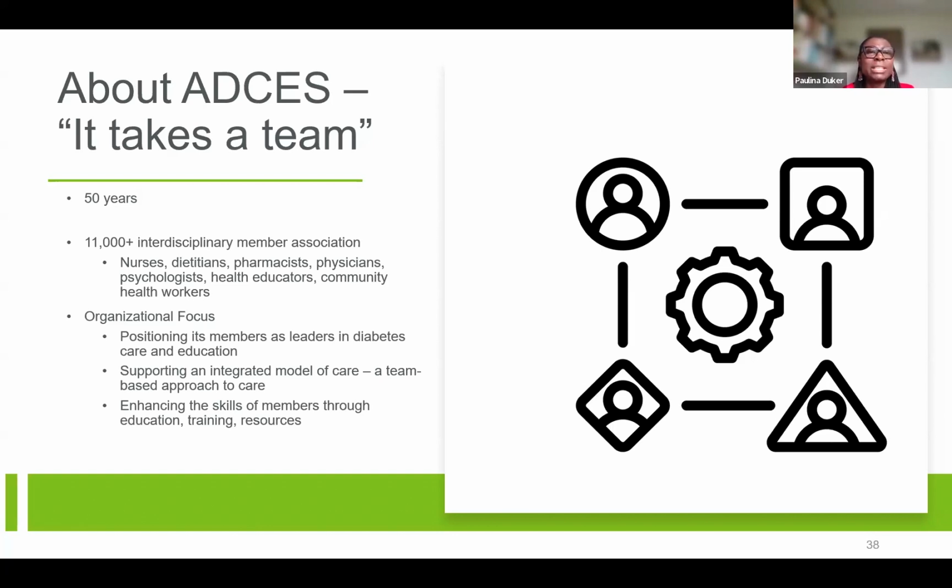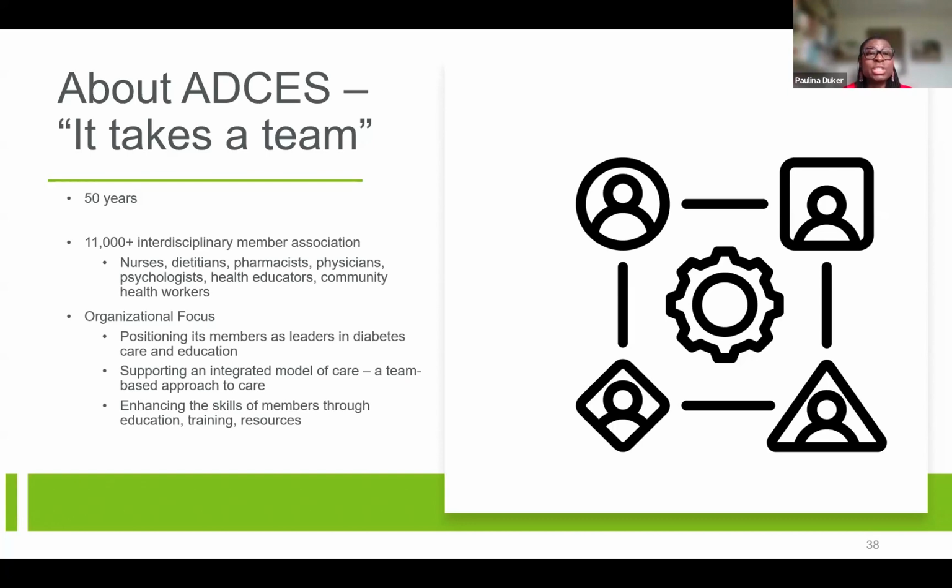ADCES broadly defines who diabetes care and education specialists are. It includes all levels of practice, starting from peer educators, community health workers, to our physician specialists. Our focus at the association is positioning all members as leaders in diabetes care, regardless of the level of care they practice at.